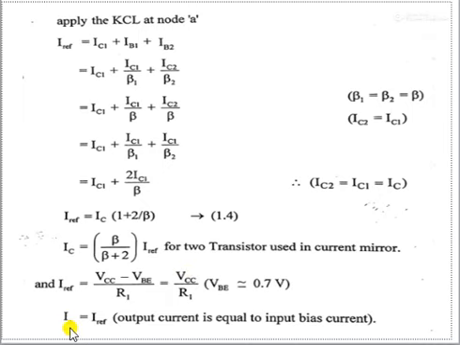Therefore the output current I0 is equal to I reference. I0 varies about 3% for beta greater than or equal to 50 and less than or equal to 200. The circuit operates as a constant current source as long as the transistor Q2 remains in the active region.